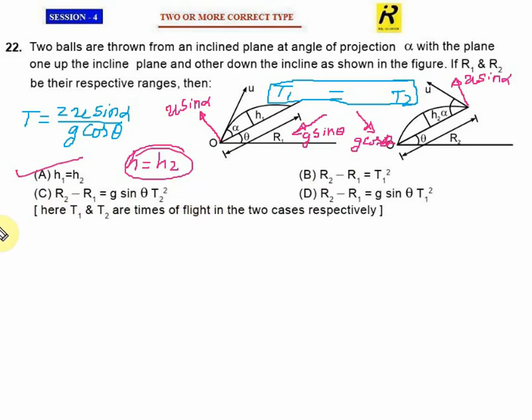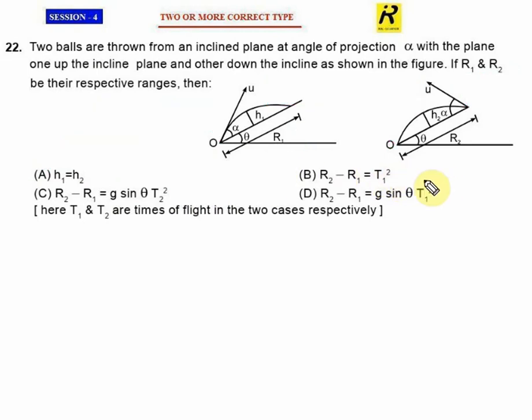For this, we already know the expression for the time of flight here. To make it easier, I do one thing. Let me clear the screen first to make less confusion.